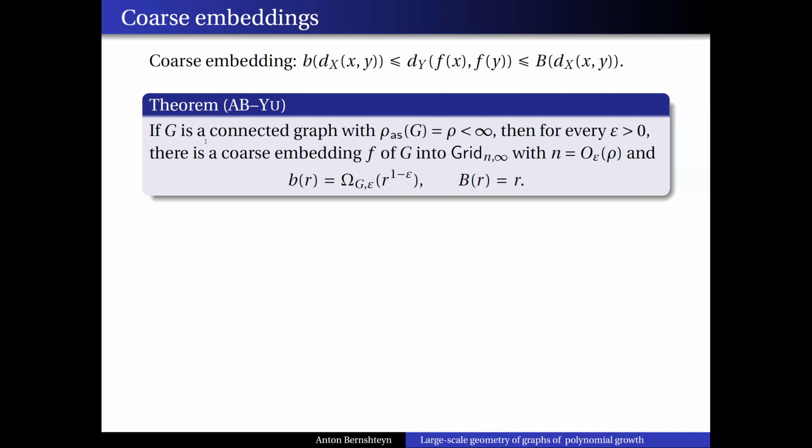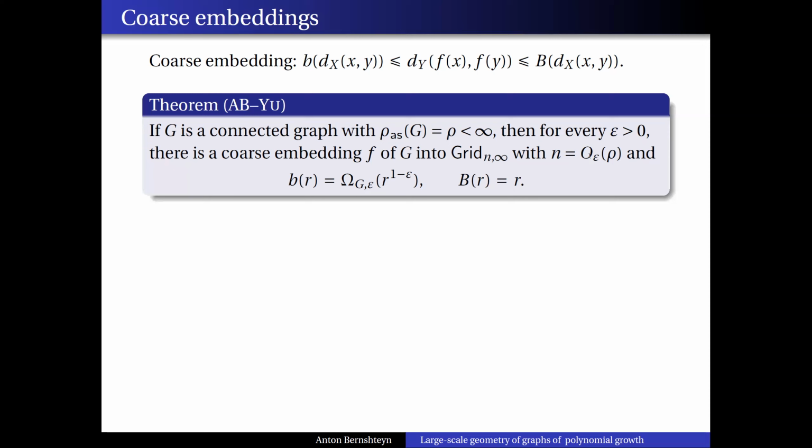I have a connected graph of polynomial growth, and let rho be its asymptotic growth rate. So I want an asymptotic statement. It's some finite number. Then I have one extra parameter, epsilon, and you can take epsilon to be whatever you like as long as it's positive. Then I can find a coarse embedding of G into an n-dimensional grid graph with diagonals, where n is something linear in rho.